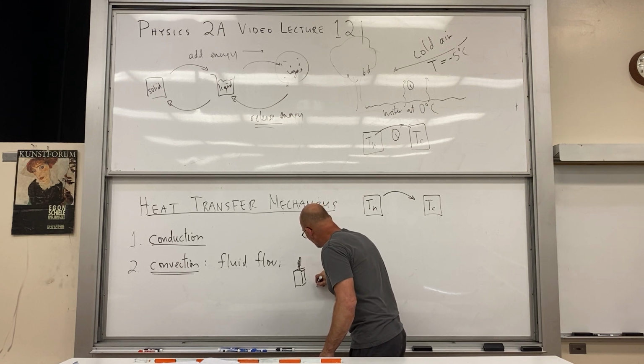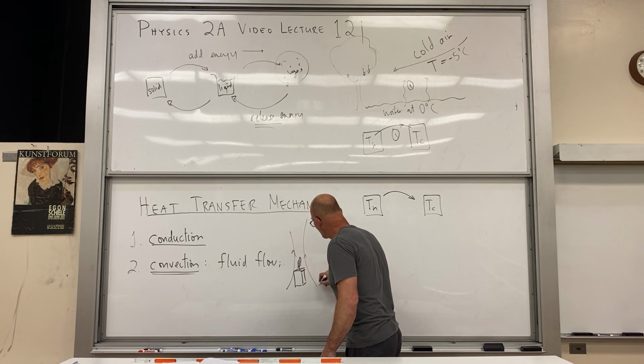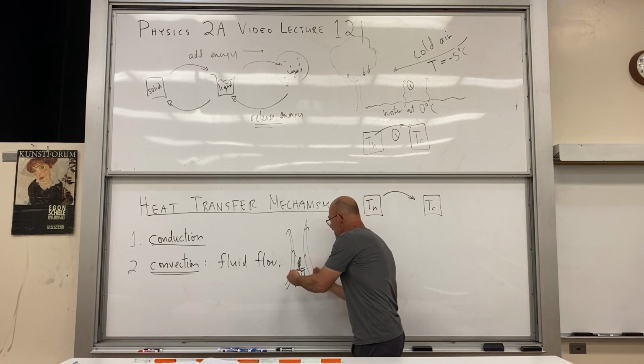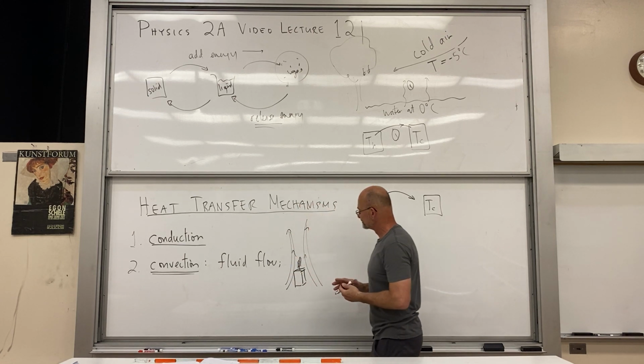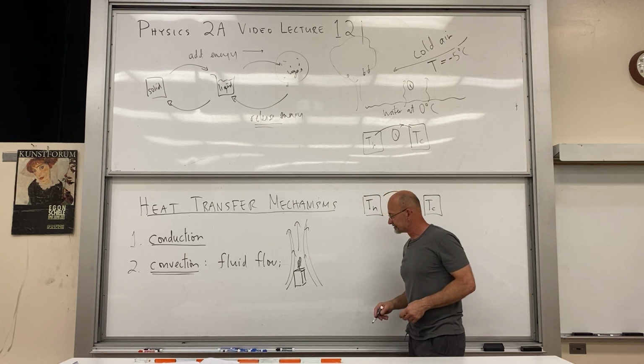What's actually happening with the candle is there is a fluid flow, namely an airflow, that's bringing in cool air, heating it up and bringing it up higher, okay? So, I'll draw an arrow there as well.